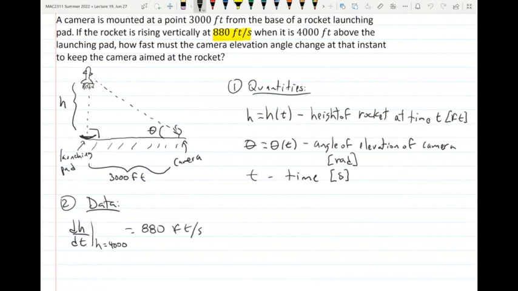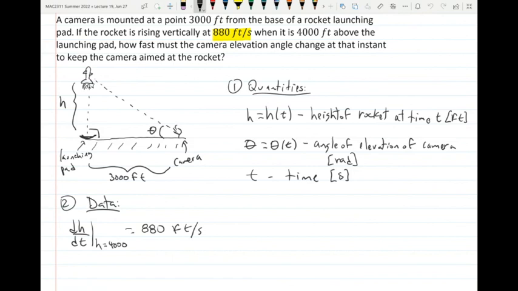In the previous problems, the rate of change of one of the quantities was constant, right? dV/dt and dr/dt for the ripple example. Here, dH/dt is not a constant, but that's okay. We are interested in this moment in time, when the height is 4,000. So the speed of the rocket at this moment is 180. Yes?